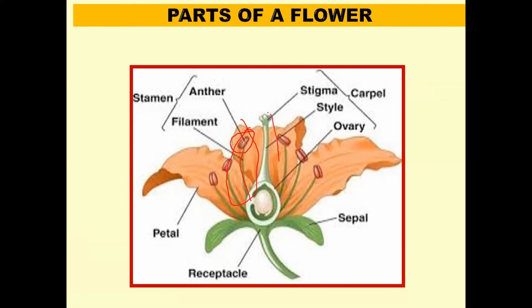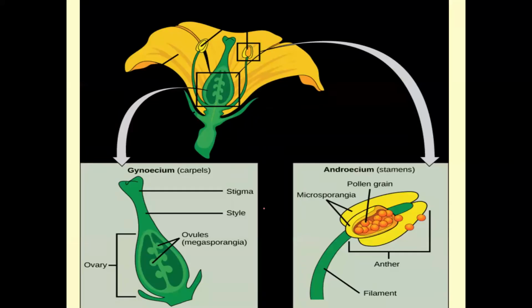Similarly, this part is indicating the carpel, the female reproductive part. In this, you can see this expanded part, the stigma, then a tube-like structure, the style, and then the ovary, and inside the ovary, you can see the ovule.